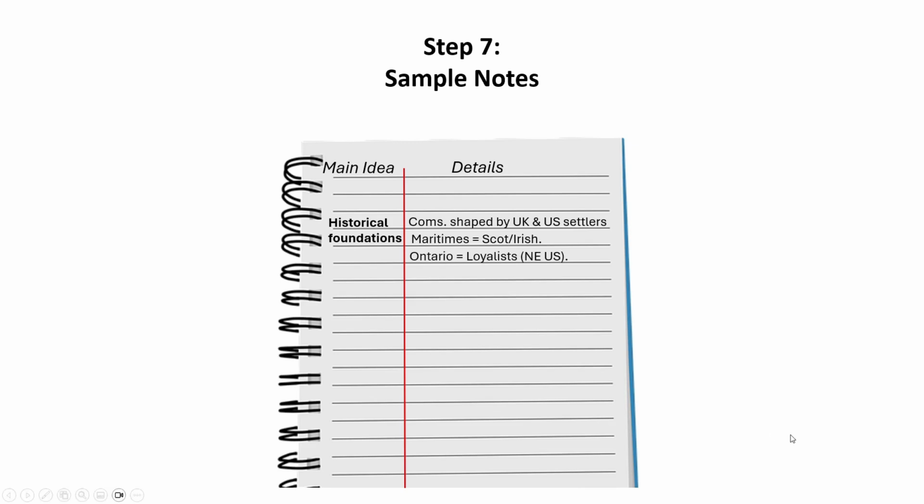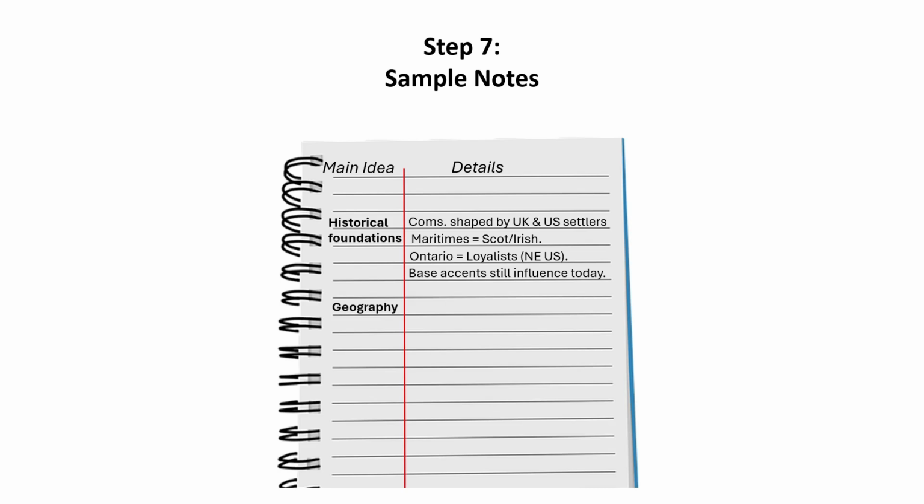These early settlement patterns created the base accents that still influence speech today. Now, you might wonder, if these accents started hundreds of years ago, why haven't they blended into one uniform Canadian accent? One major reason is geographical separation.